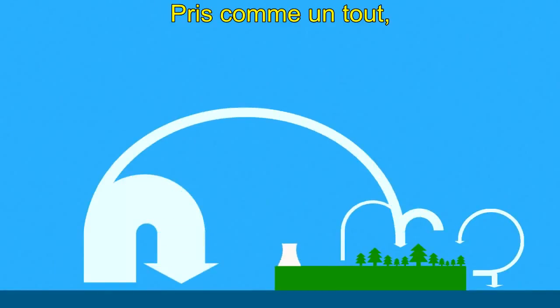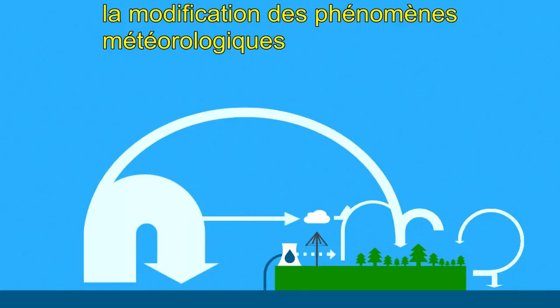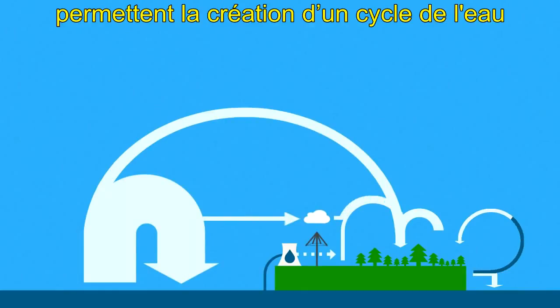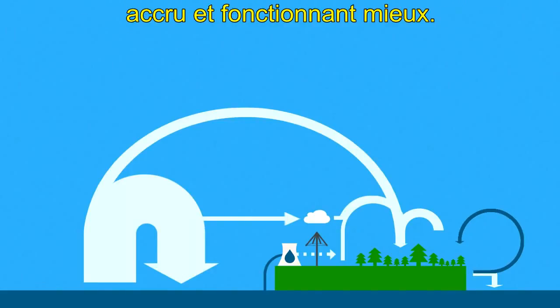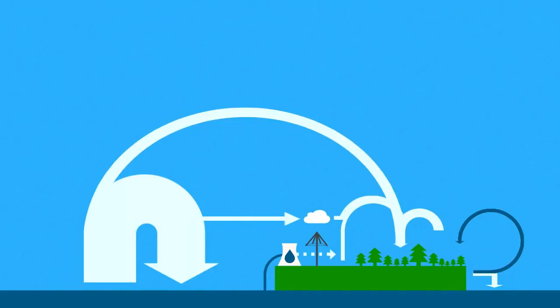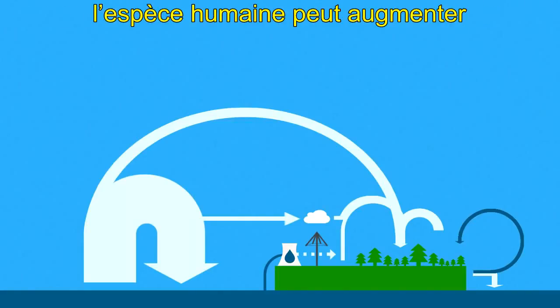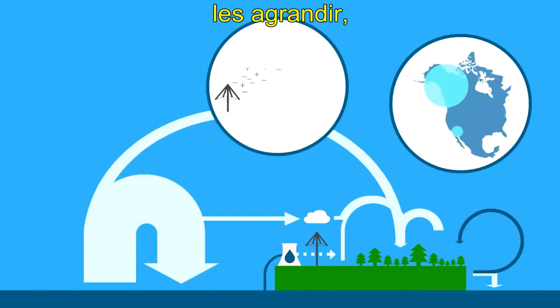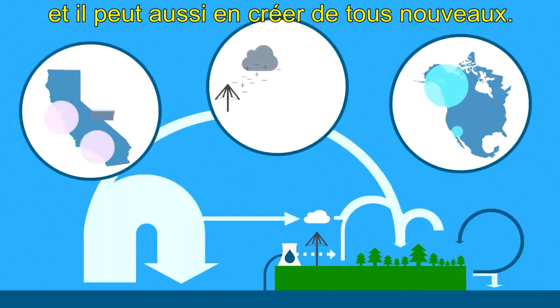Taken together, desalination, weather modification, and surface water transfer come together to enable an improved and expanded water cycle. With an integration of these methods, mankind can increase the productivity of existing cycles, enlarge existing cycles, and create entirely new ones.